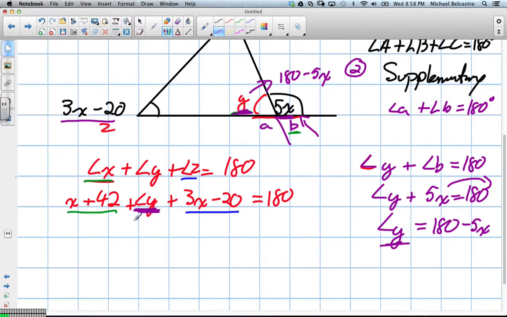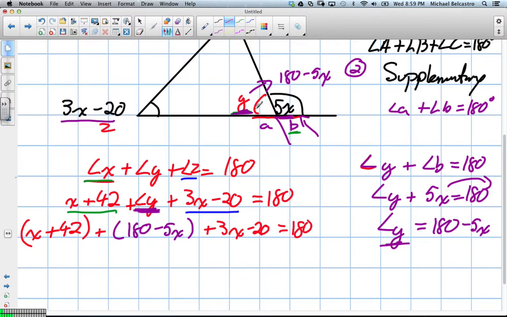180 minus 5x. So now our equation reads x plus 42, the bracket for angle x, plus 180 minus 5x, plus 3x minus 20. So that was a pretty difficult step. We had to relate that one angle to an x. And now all the x's are the same, so we can collect like terms, right? We'll collect our x's.